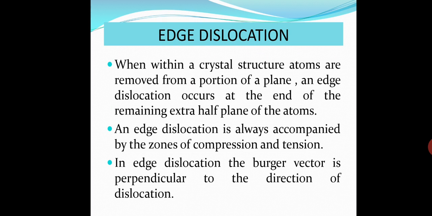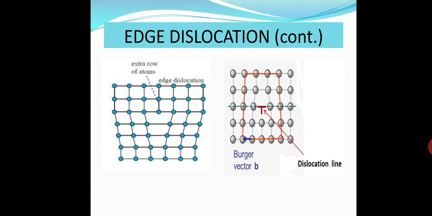An edge dislocation is always accompanied by zones of compression and tension. In edge dislocation, the Burgers vector is perpendicular to the direction of dislocation.